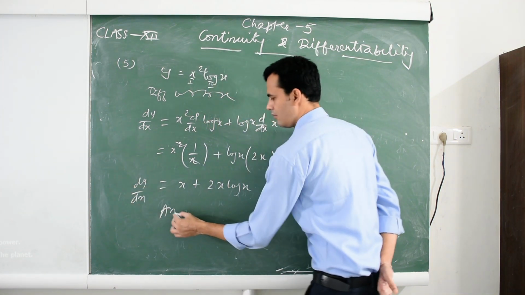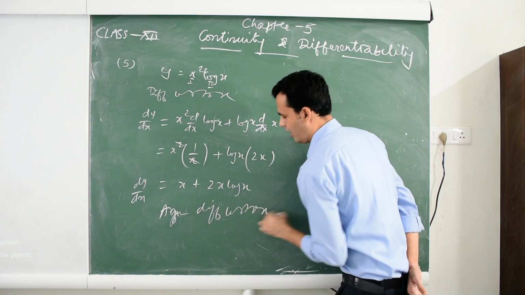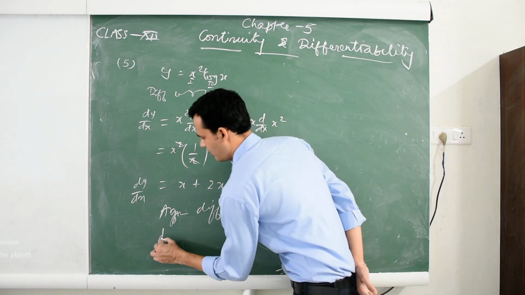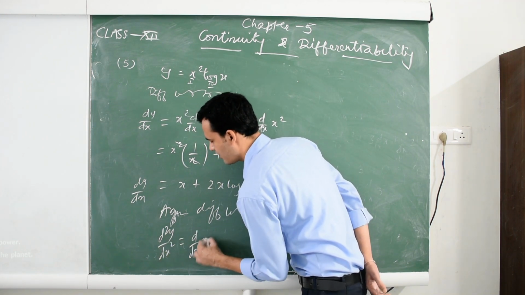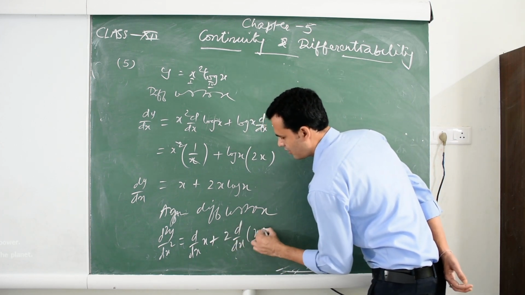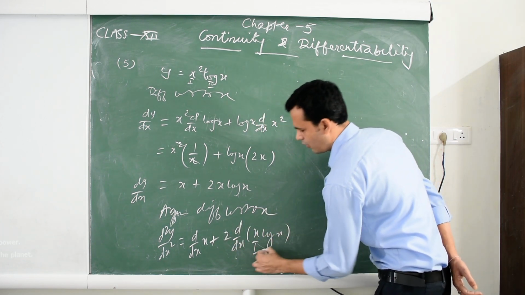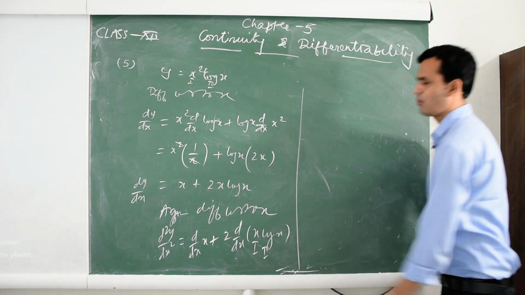Again differentiate with respect to x. So we get d2y by dx square equals d by dx of x plus 2 d by dx of x log x. Here also we have two functions, first and second, so we take the product rule.